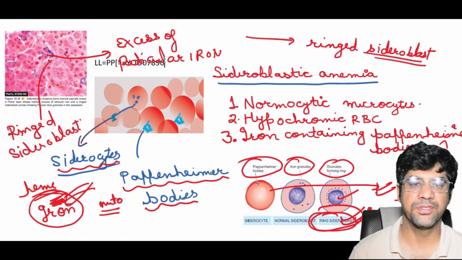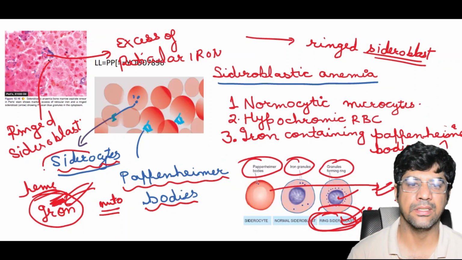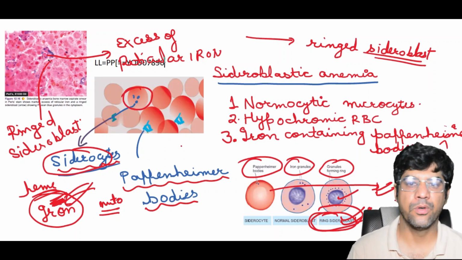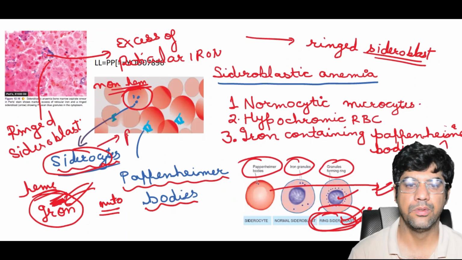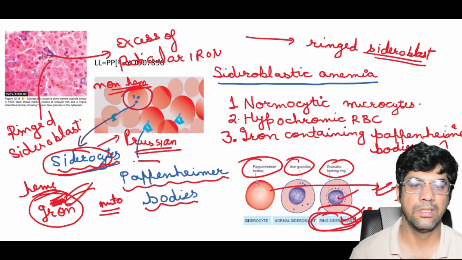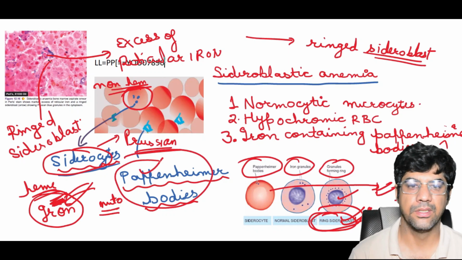Now here you will see siderocytes. These are mature red blood cells containing granules of non-heme iron. These will stain with Prussian blue, and we term them Pappenheimer bodies.